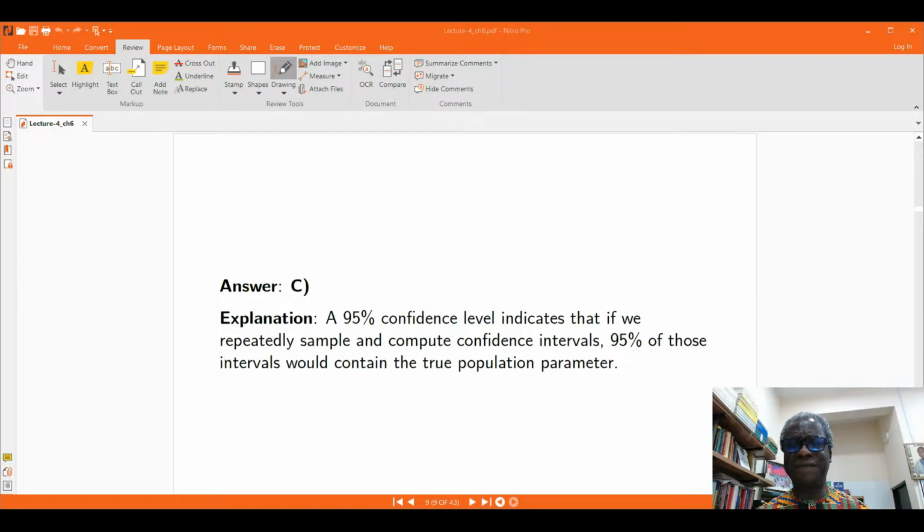A 95% confidence level implies that 95% of the confidence intervals that you have computed will contain the true, unknown population parameter. Which means only 5% will not contain the true population parameter.